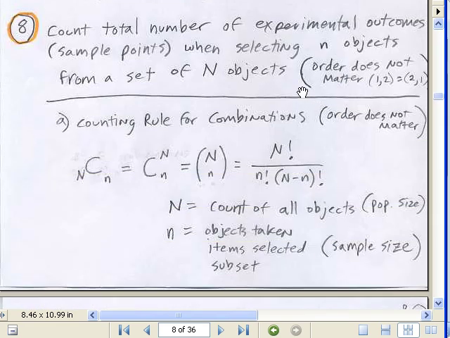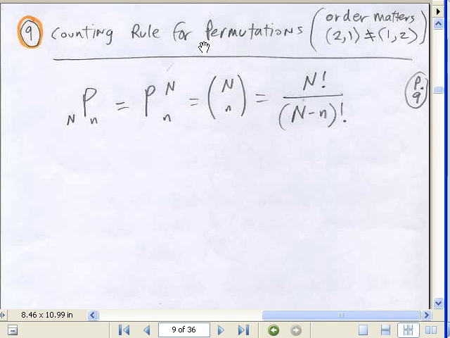When you're calculating the total number of combinations, order doesn't matter. So when we get a 1, 2, forget it. We're done with all the 1s and 2s. 1, 2 and 2, 1 here are both considered the same thing for a combination, so you only count one of them. Order doesn't matter. When we do our permutations, order matters. So 2, 1 is not the same as 1, 2. We actually have to count both of those.